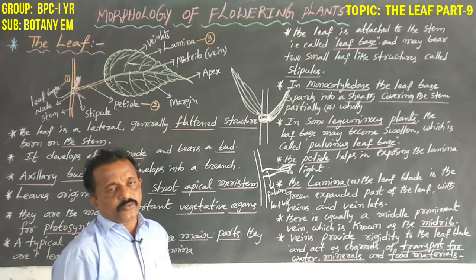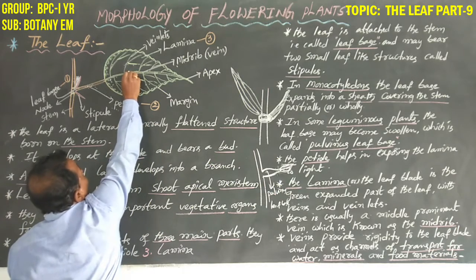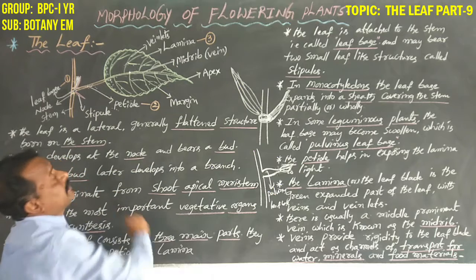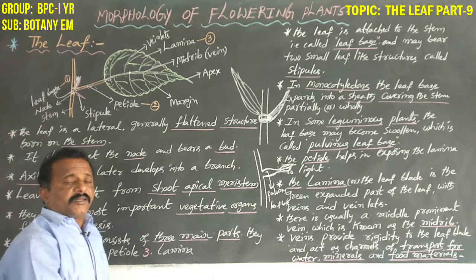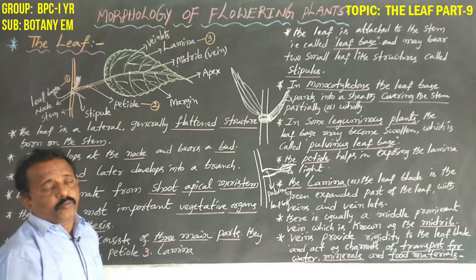So how is this possible? The midrib and the veins internally contain transport tissues, or vascular tissues, such as xylem and phloem.